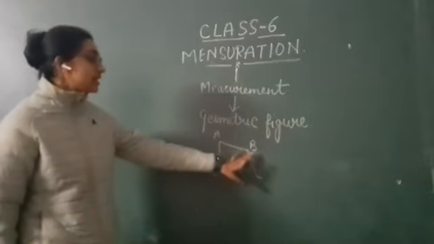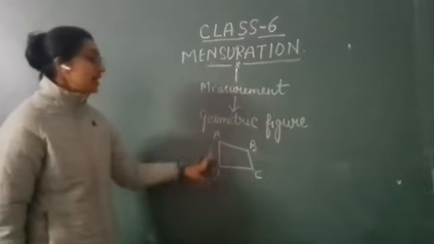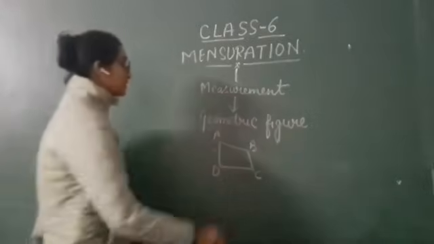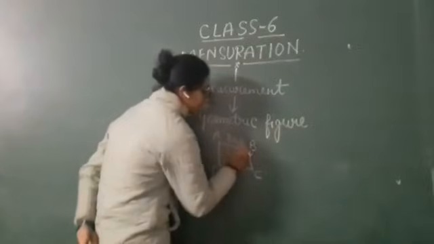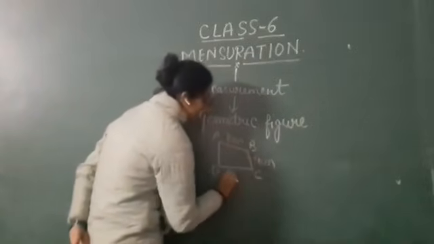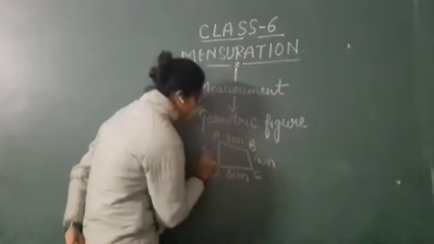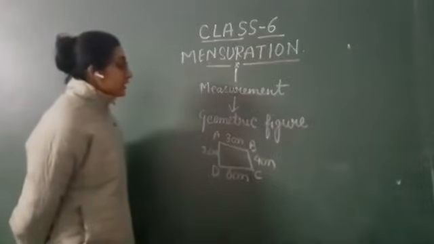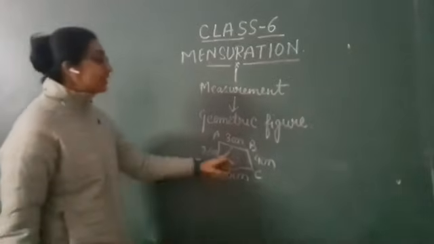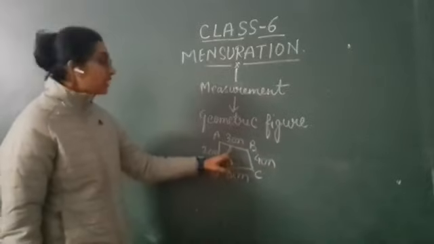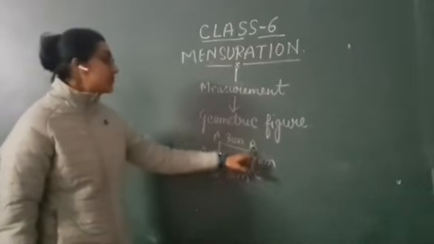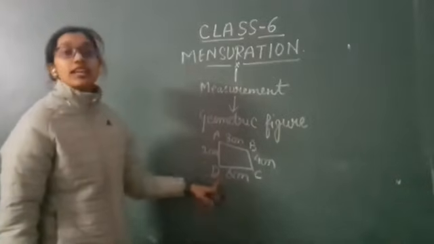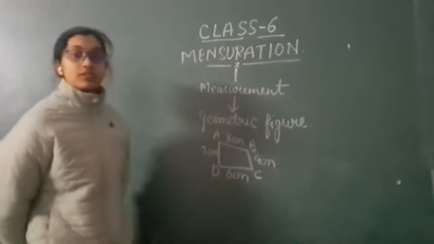If we measure the boundaries of this figure, like 3 cm, 4 cm, 6 cm and 2 cm, then AB is equal to 3 cm, BC is equal to 4 cm, CD is equal to 6 cm and DA is equal to 2 cm.